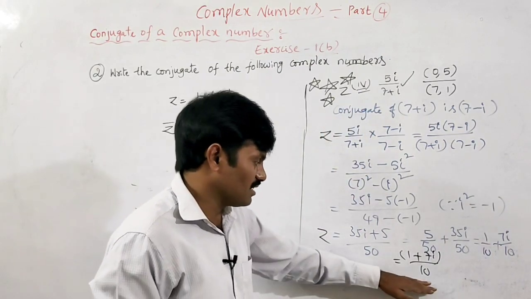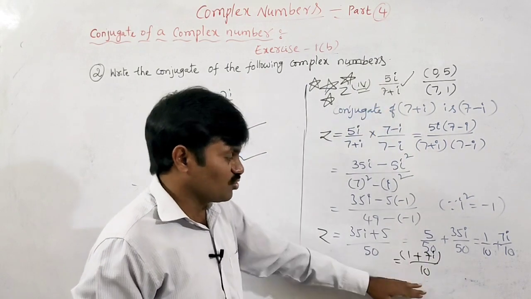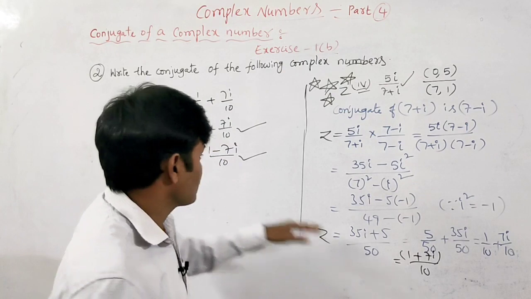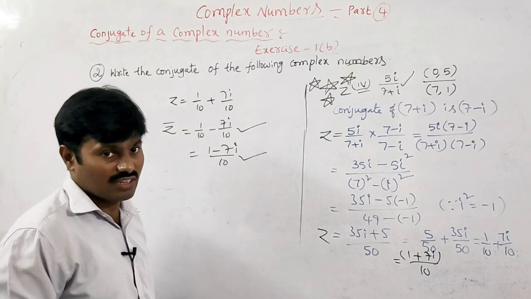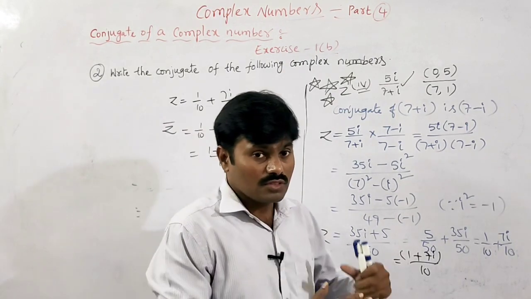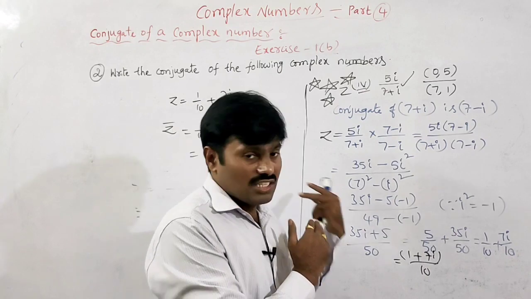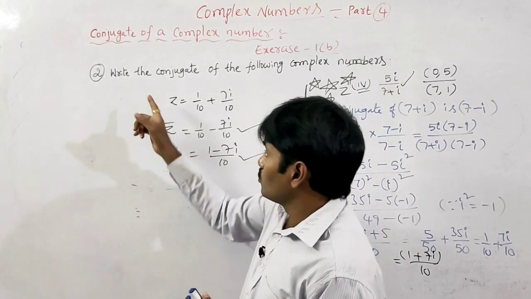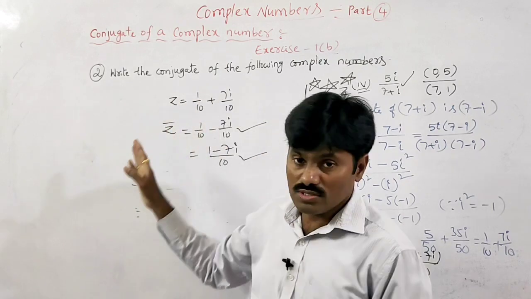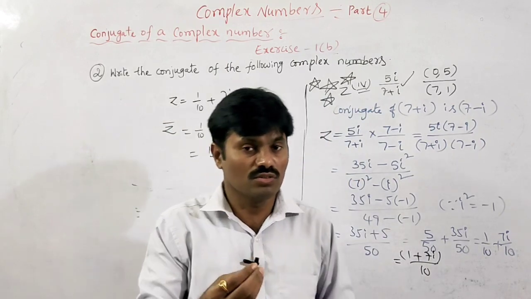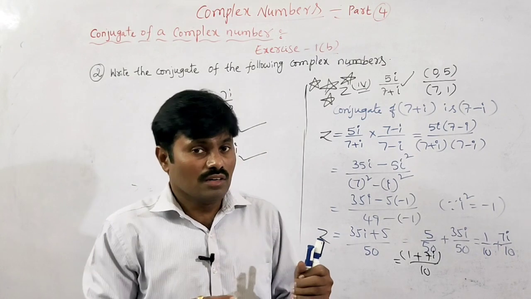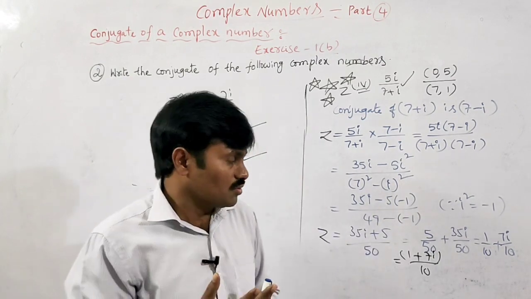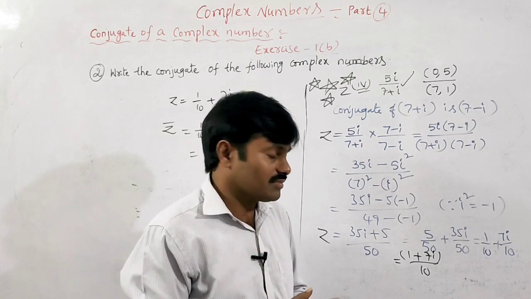Okay, this is the z1 by z2 value, but we want the z value. The z value is this one. Now we want its conjugate, so that it is the form. Okay, right? So now, based on this concept, you are going to solve problems 1 and 2. I have left them for you to do yourself.